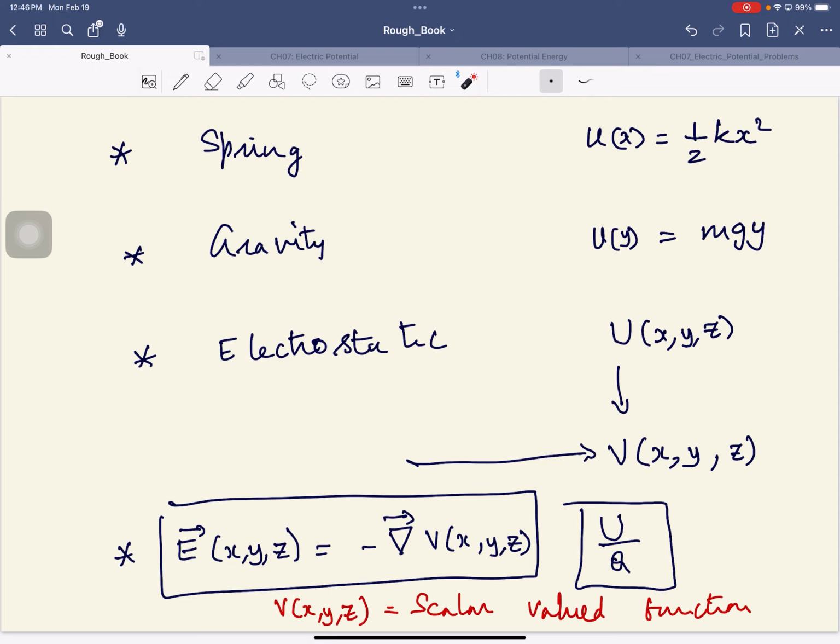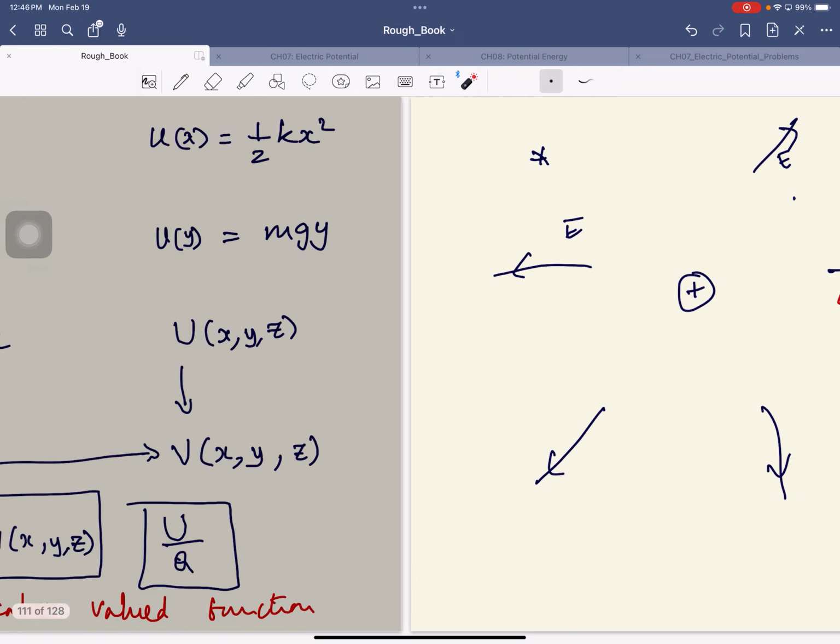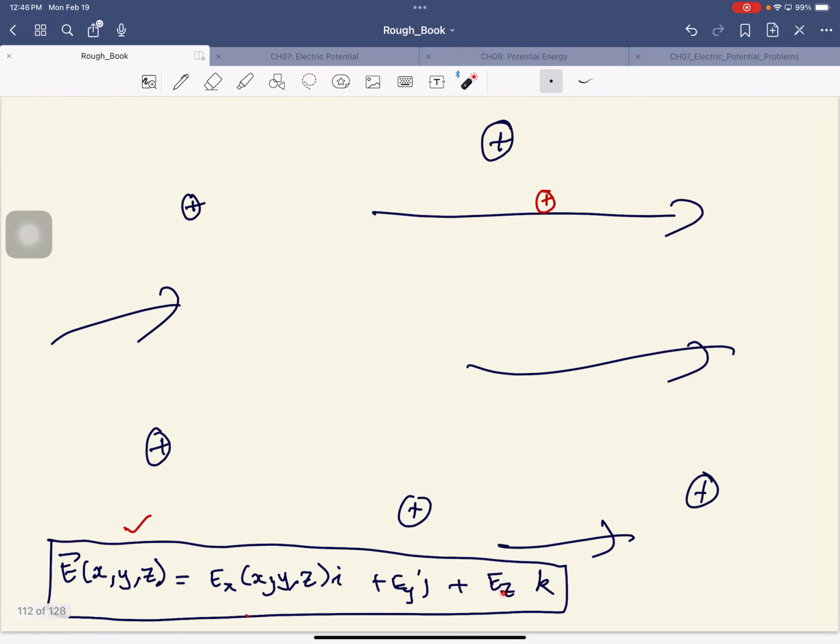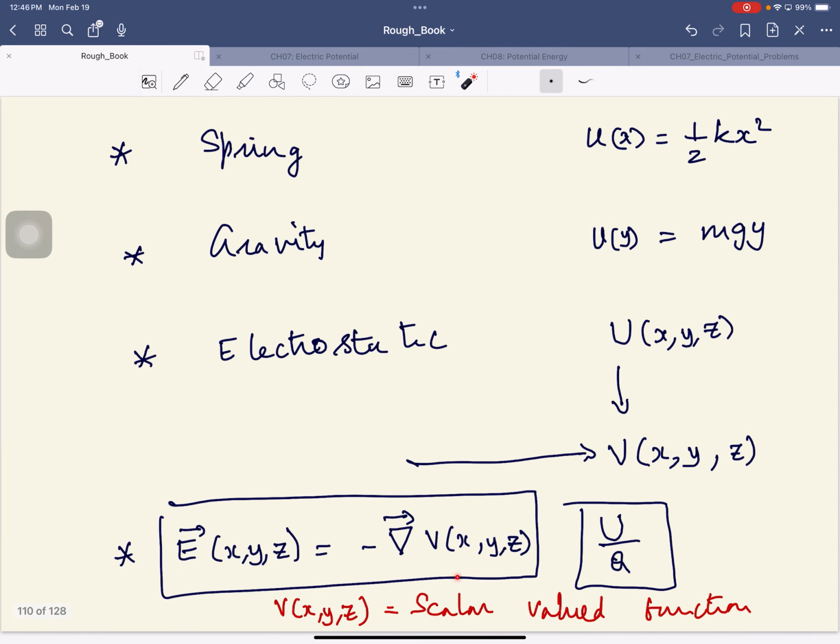So if I give you just this function, now you can calculate the electric field. Rather than giving you the electric field, which involves giving you 3 functions, all I'm going to do is give you the scalar valued function and you can calculate the electric field. And that's the whole point. So the problem became 3 times simpler. All of that is hidden underneath the chapter.